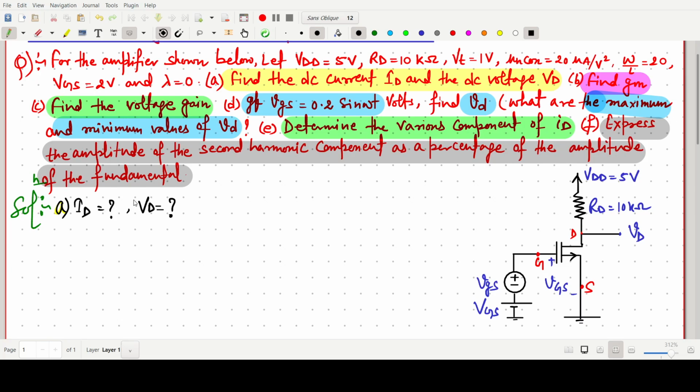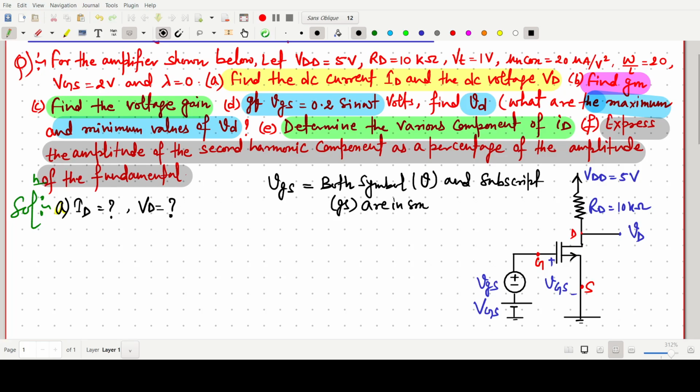So we have to find the drain current. Before that, this is the representation. From a representation point of view, I want to share: if VGS has capital V for the symbol and capital letters in the subscript, that is one notation, and if both the symbol and the subscript are in small letters, this kind of notation you have to know.